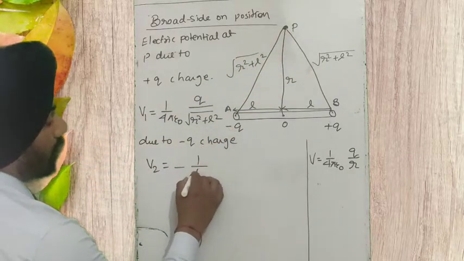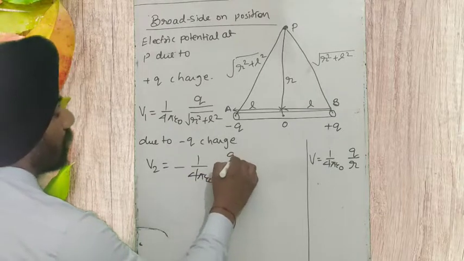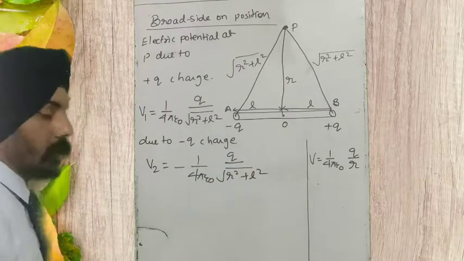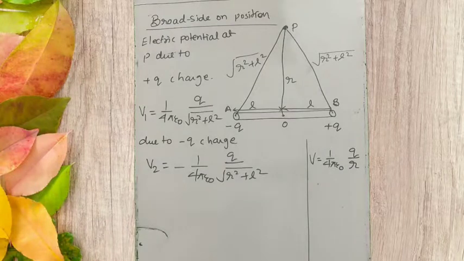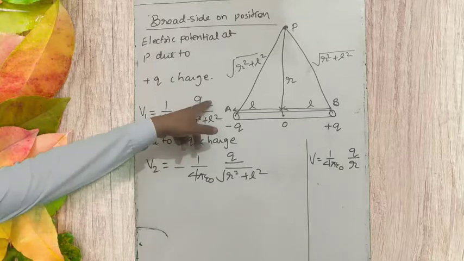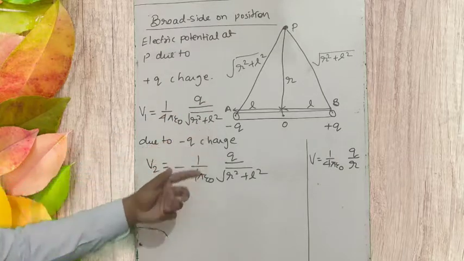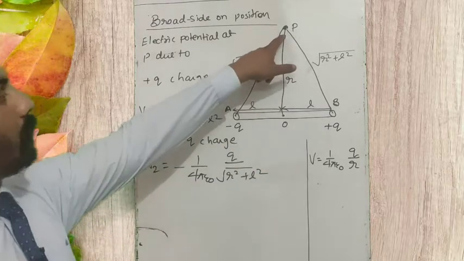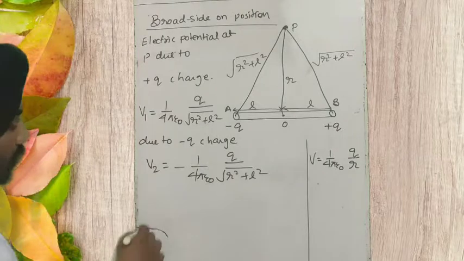So minus 1 upon 4 pi epsilon naught, q by under root r square plus l square. Now we have two values of electric potential, 1 upon 4 pi epsilon naught q by under root r square plus l square, and the same thing with a negative sign due to the minus q charge. So what will be the net potential at point P?